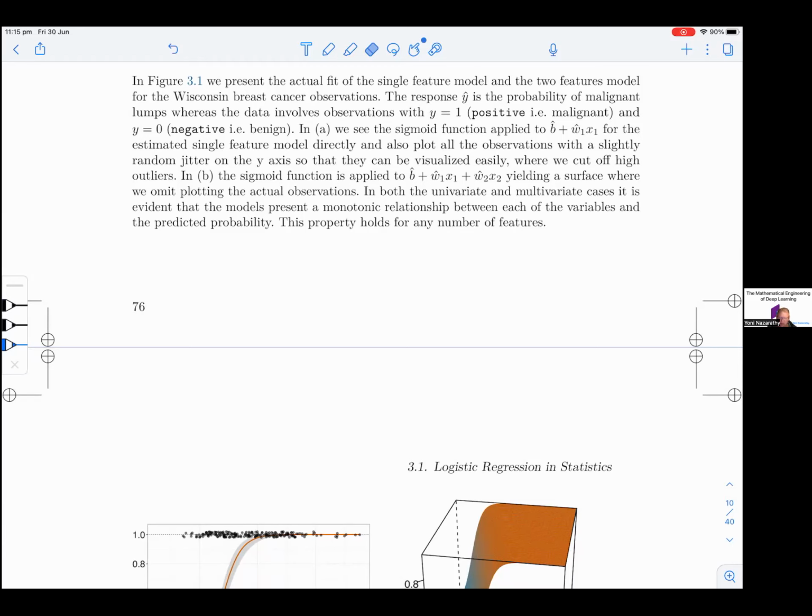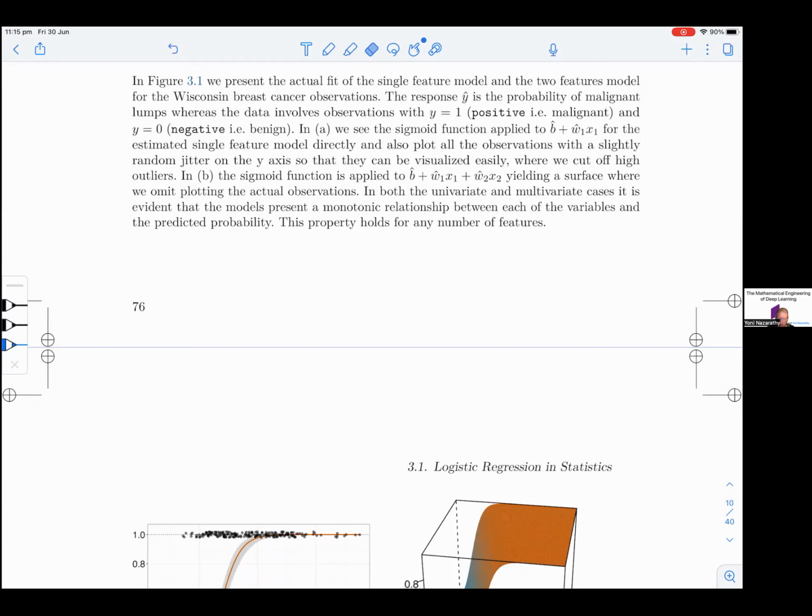In A, we see the sigmoid function applied to the affine relationship beta hat plus W1 hat x1 for the estimated single feature model directly, and also plot all the observations with a slightly random jitter on the y-axis so that they can be visualized easily.